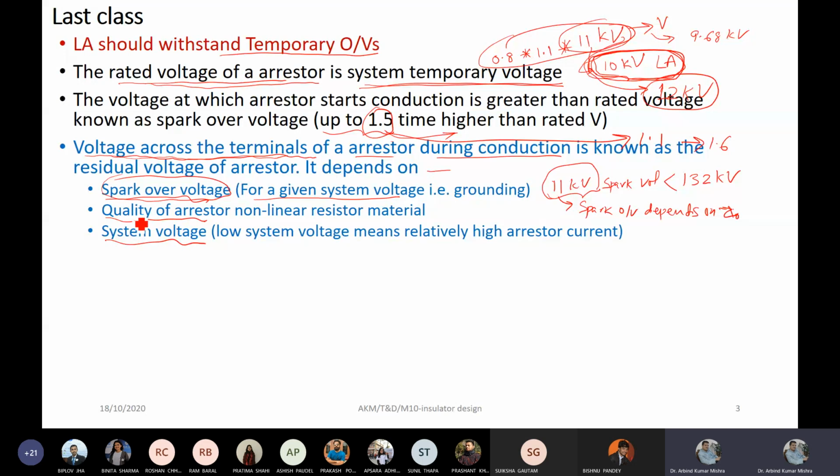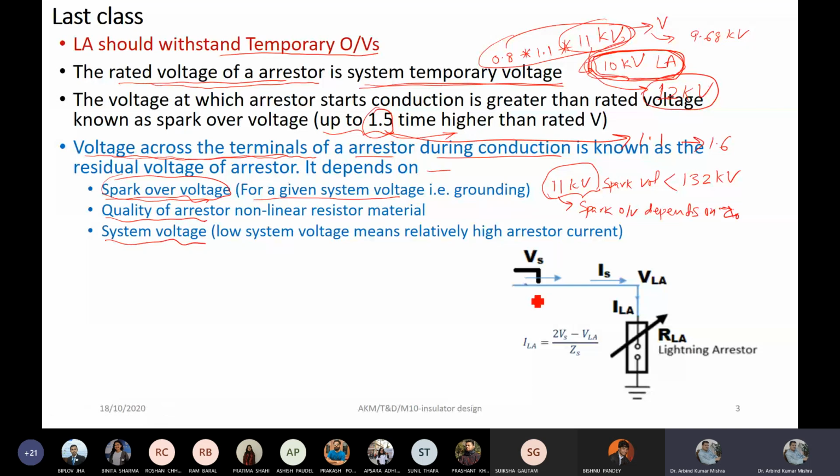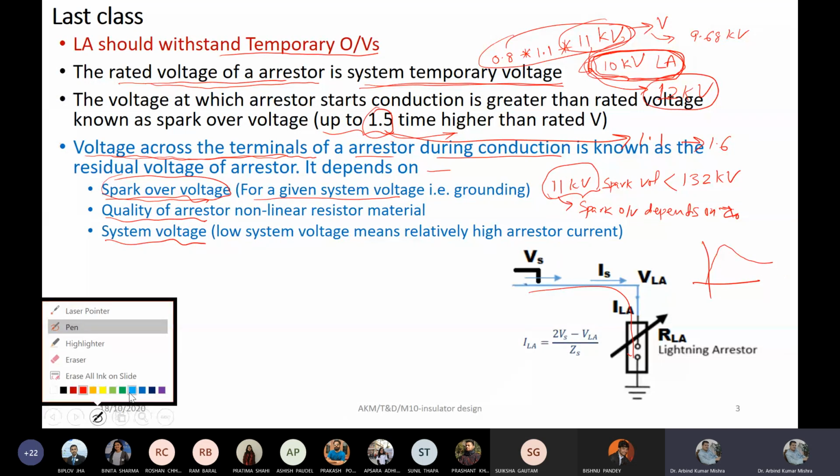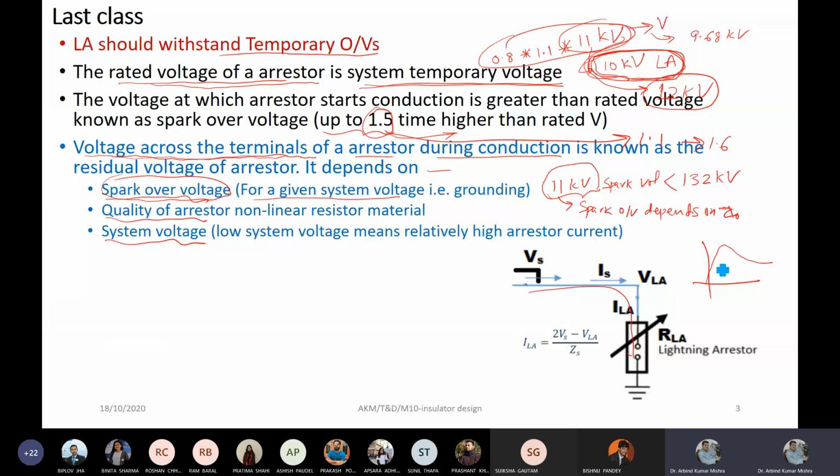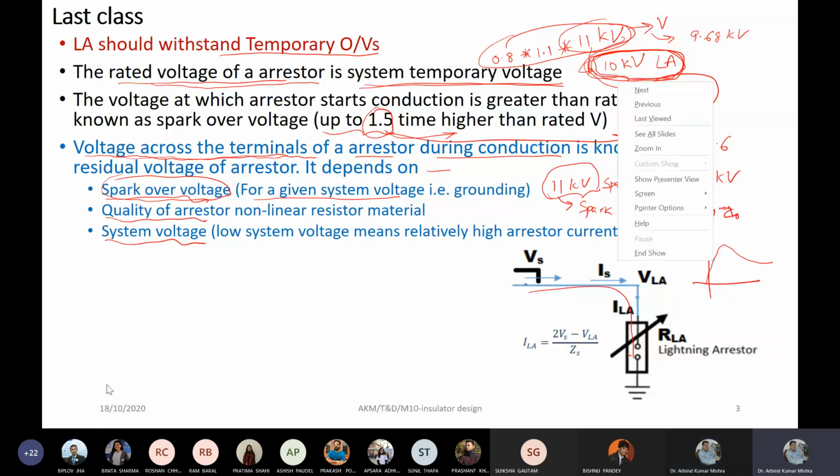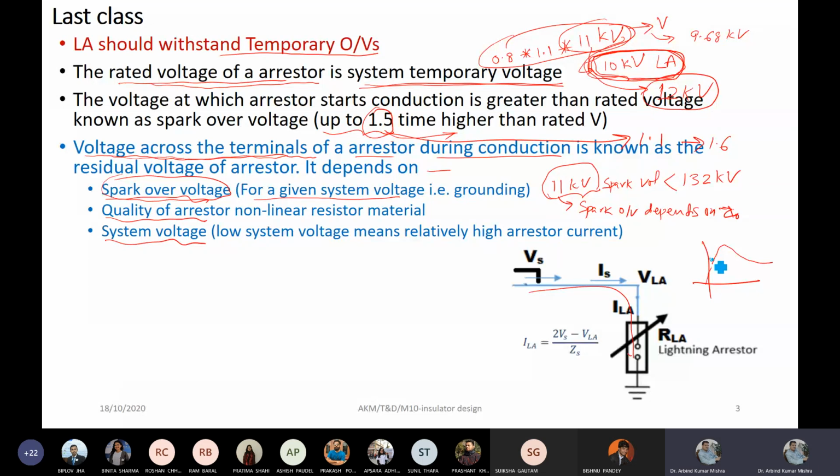Also, we discussed the quality of the lightning arrestor, because whenever the lightning arrestor starts conducting, ideally, say this is the over voltage. During the operation the lightning arrestor operates at this point.